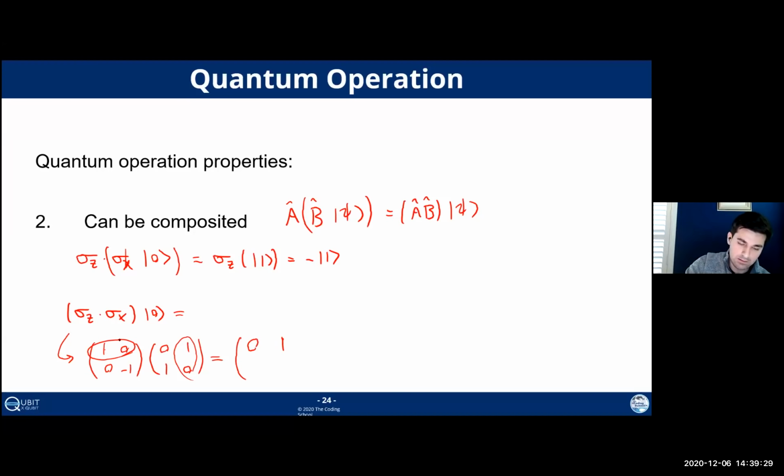Okay, now that I have that, let me quickly erase what I drew around here. Now the entry on the bottom left is going to be the bottom entry of the first one times the left entry of the second one, and I get a negative 1 here.